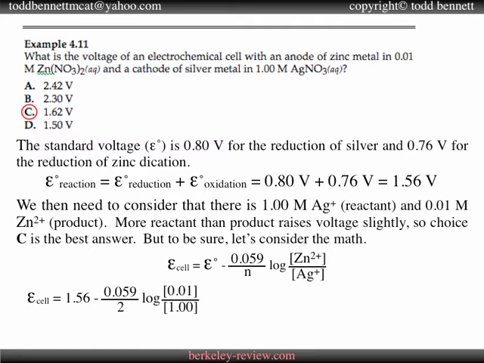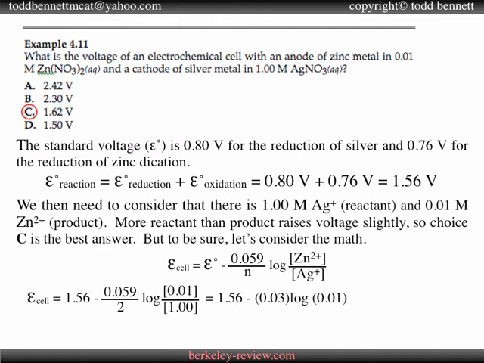Because you need 2 electrons for the zinc half reaction, you need to do 2 of the silver reactions to get those 2 electrons. In the balanced equation, you would end up with 2 electrons, so I'm going to divide by 2. So in this case, you have 1.56, the E naught, minus 0.059 divided by 2 electrons per balanced reaction, log of products over reactants, 0.1 zinc 2+ over 1 molar Ag+.